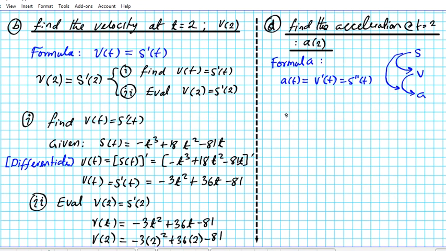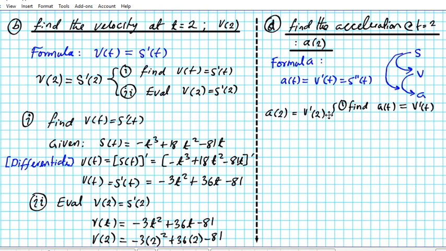We want to find a of 2. So we're going to use the velocity, since we already have it. The acceleration at 2 is going to be the velocity derivative, v prime of 2. This is a two-in-one. First, we find the acceleration, which is the derivative of velocity, so a of t is equal to v prime of t.